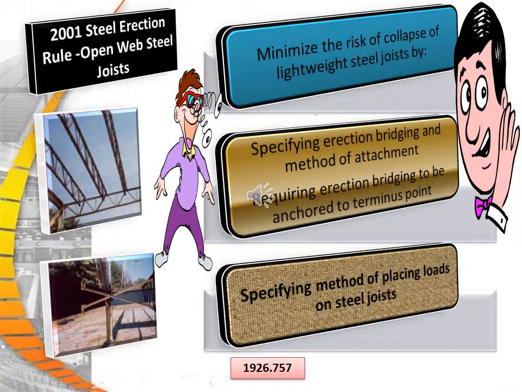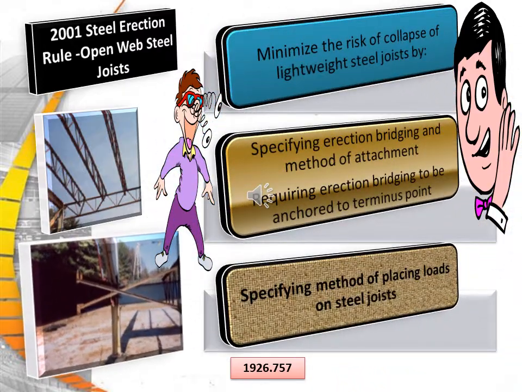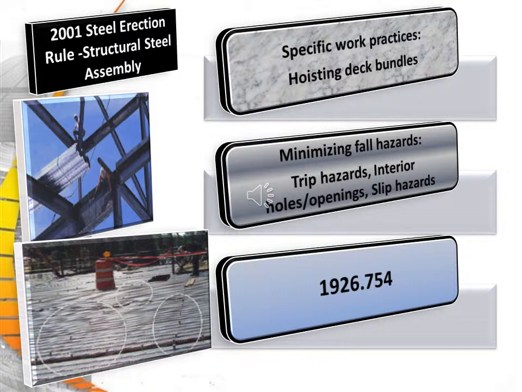Dot 757 is where you can find this information. The structural steel assembly section calls for specific work practices such as hoisting deck bundles, and minimizing fall hazards, trip hazards, interior holes and openings, and slip hazards. This information is found under .754.